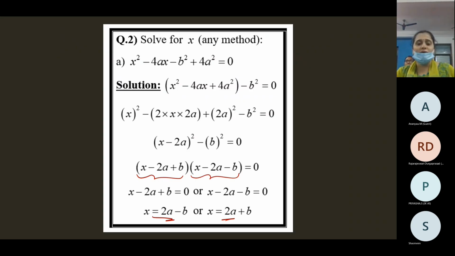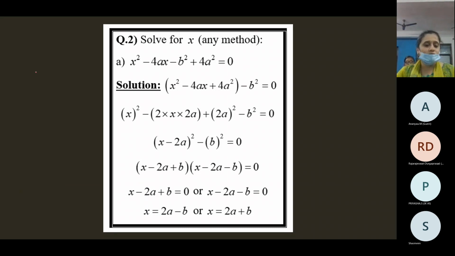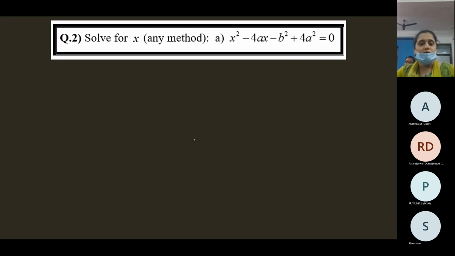You can also solve this by using the quadratic formula. That is the other method you have. To solve by the quadratic formula, it is in the standard form, x squared minus 4ax minus b squared plus 4a squared is equal to 0.